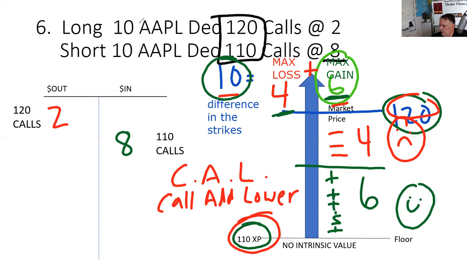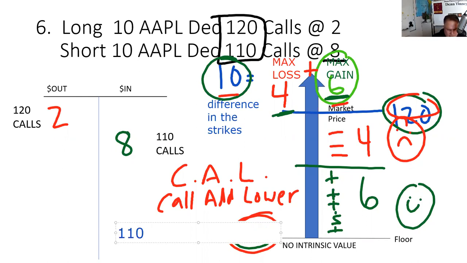And so the way we're going to get the break even is we're going to take the lower strike. Now let me put it down here. Lower strike, which in this case is 110.